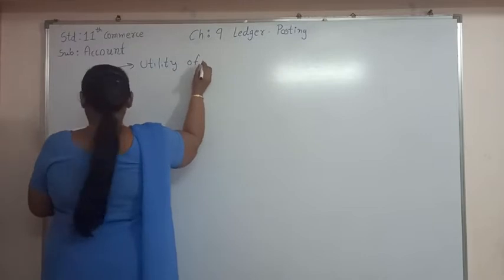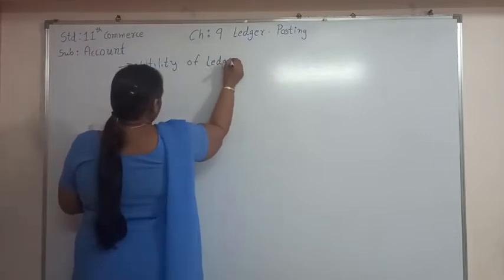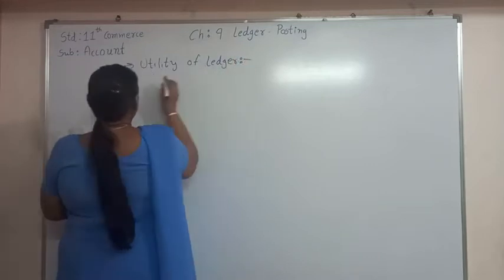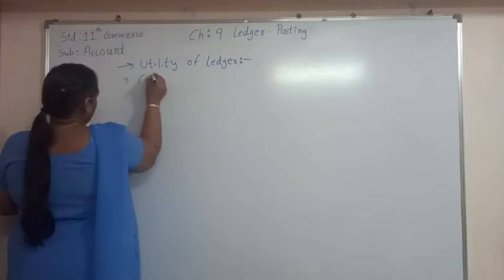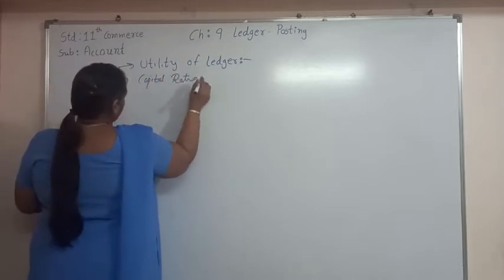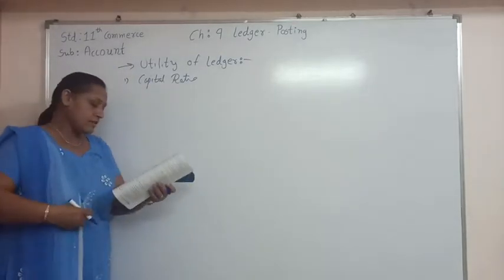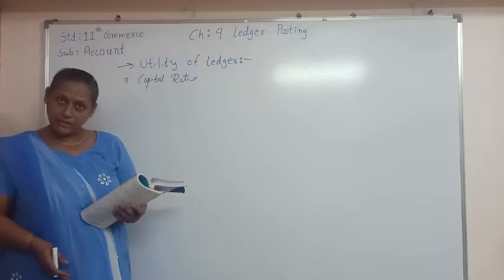First utility is the capital ratio. From the ledger only we can come to know the capital employed in the business. So it is very important.